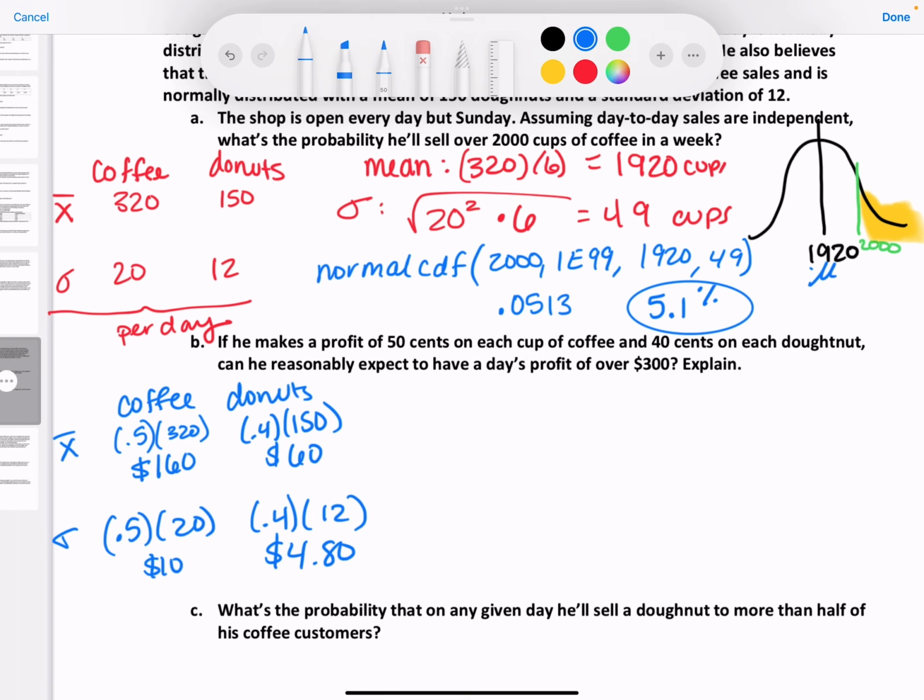So then our expected value for the amount he expects to make in a day would be 160 plus 60 for the mean. So he would expect to make $220 each day if he sells the average.